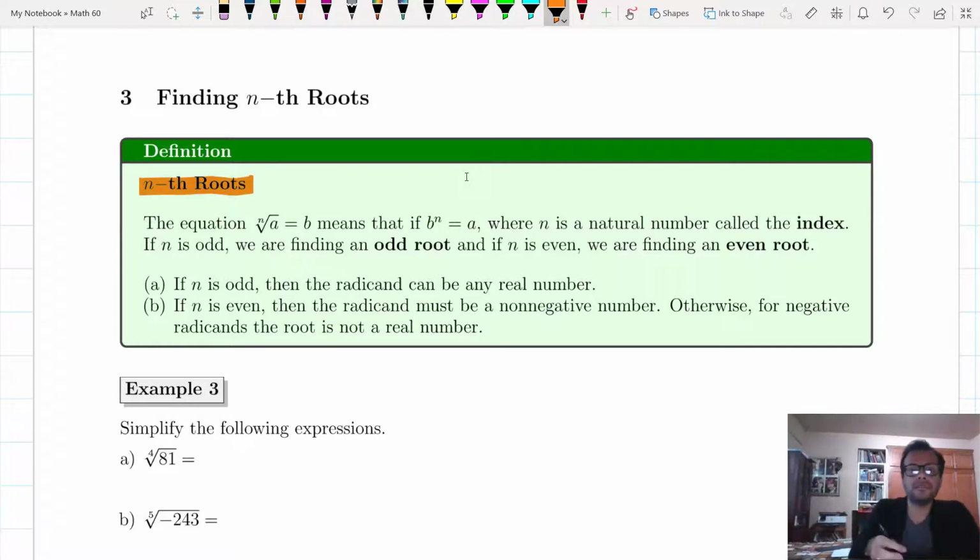Okay, so two things to keep in mind when finding roots of higher order.